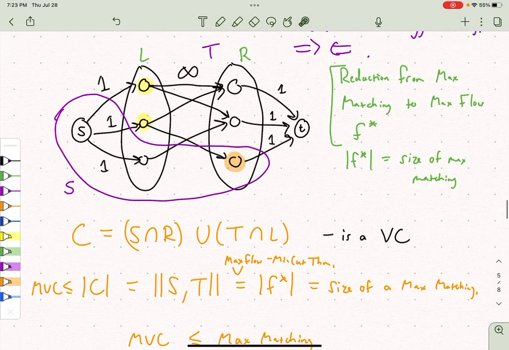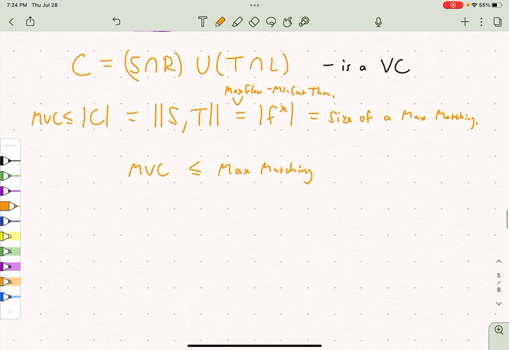So clearly some of the vertices are covered, the ones we put in the set, or all the edges touching these are in the cover. So let's suppose some edge UV is not covered.